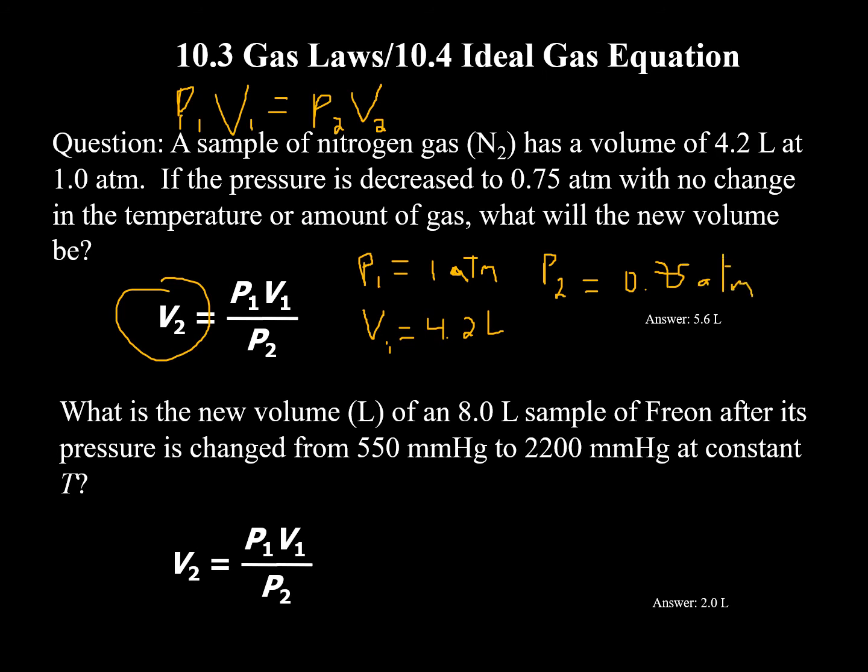So the pressure went down from P1 to P2, so the volume should go up. And when you plug in the values, yes, it went to 5.6 liters.